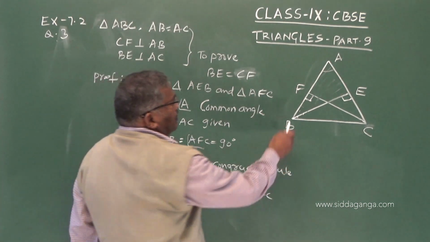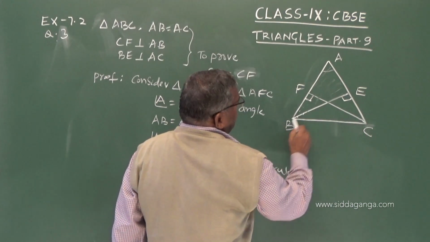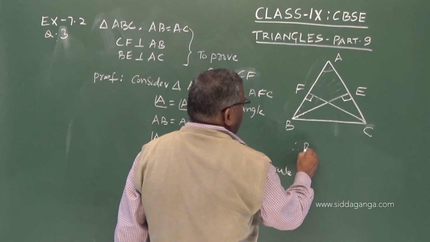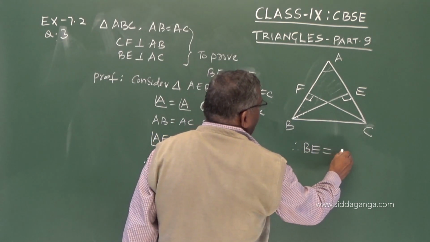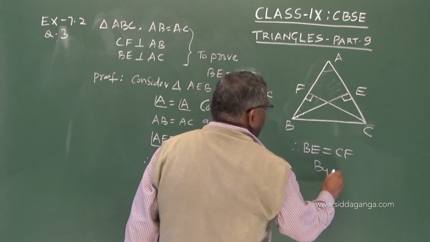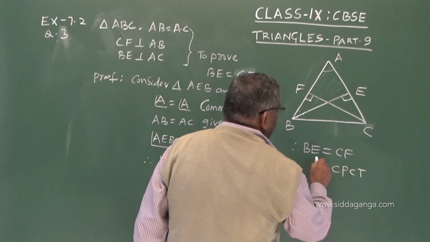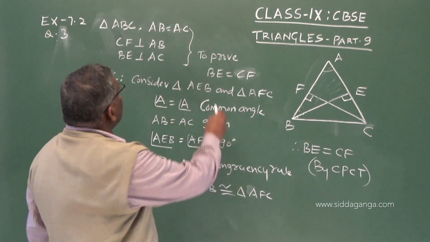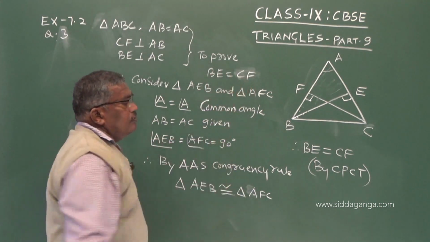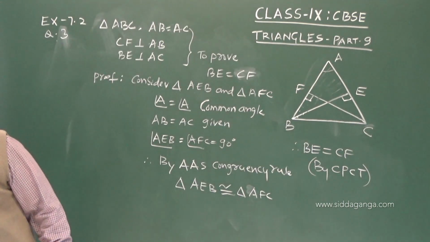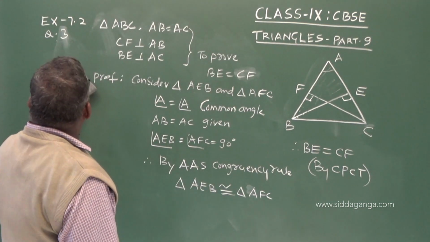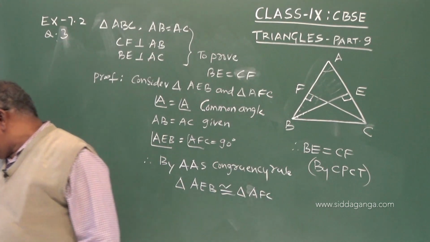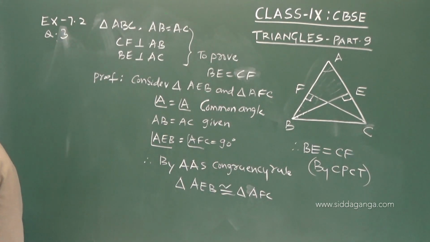So, therefore, the corresponding part of CF is BE. So, I will write BE is equal to CF by CPCT, that is, by corresponding parts of congruent triangles. So, this is what is to be proved, BE is equal to CF. So, this completes question number 3.